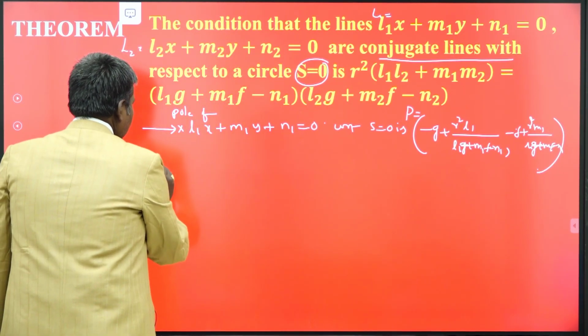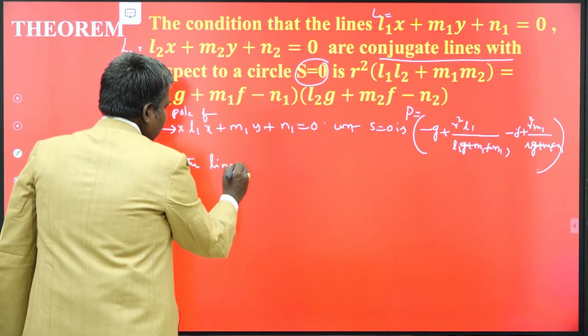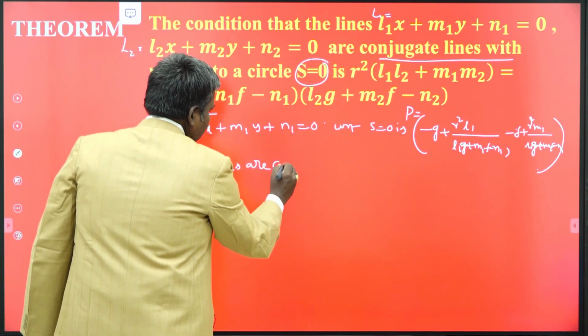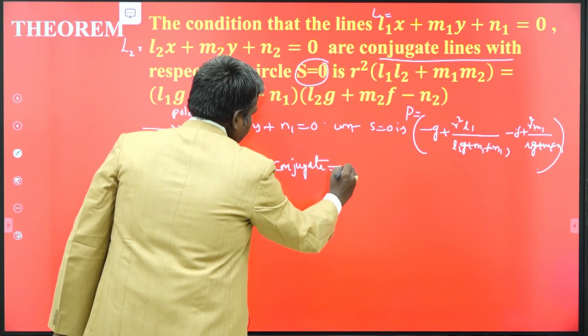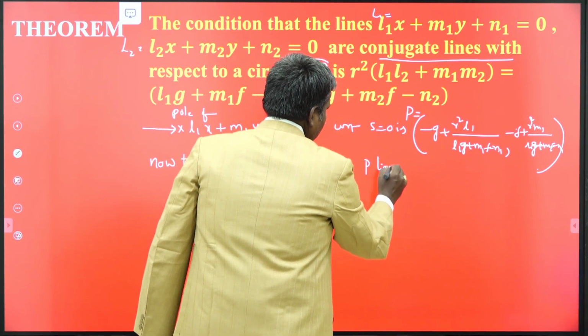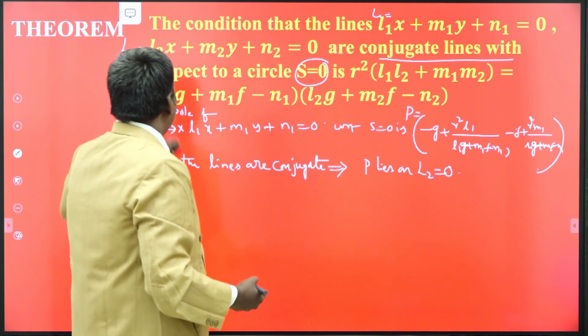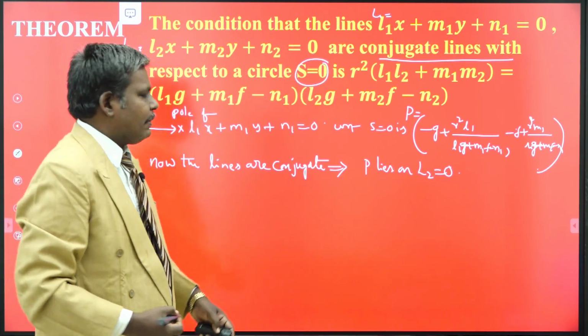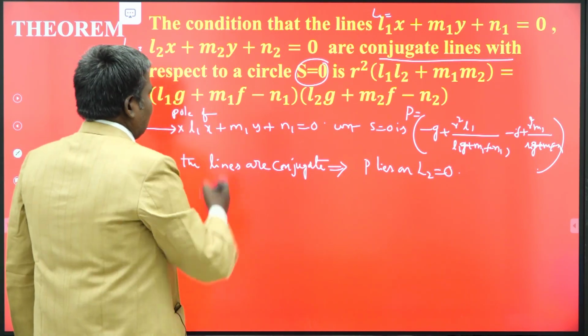Now, the lines are conjugate. This implies P lies on L2 = 0. Therefore, substitute the pole in the line L2.